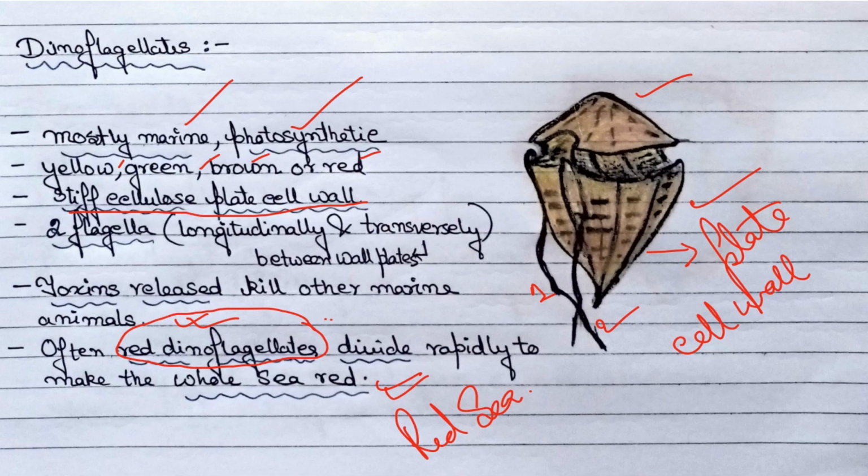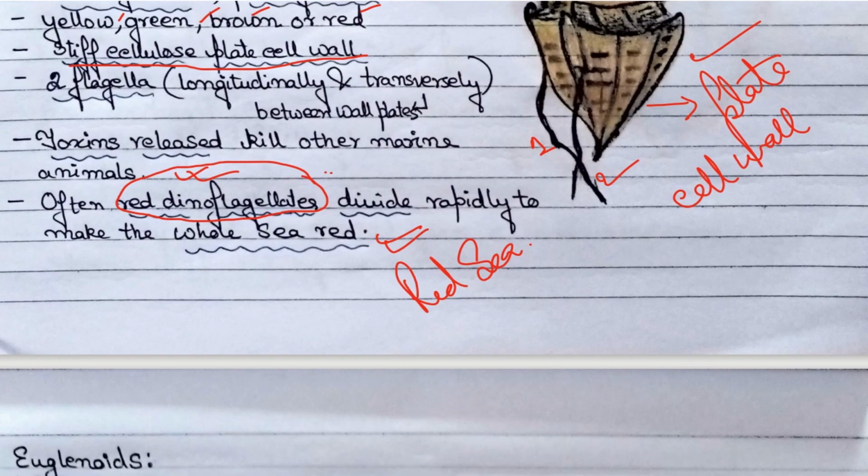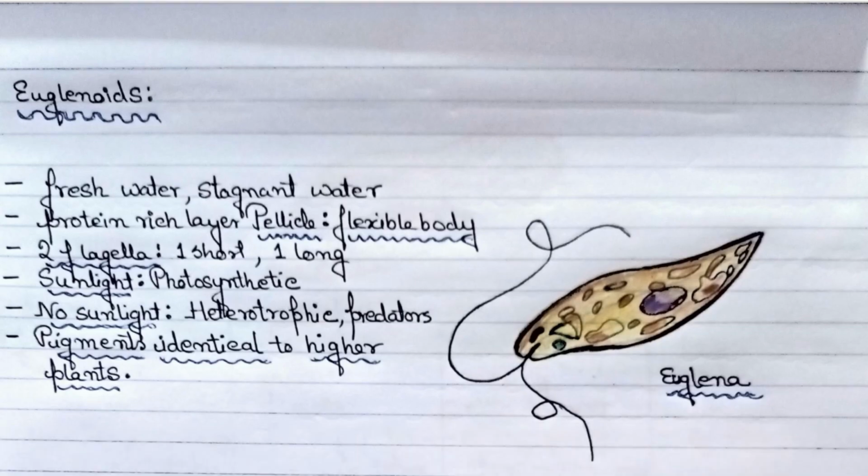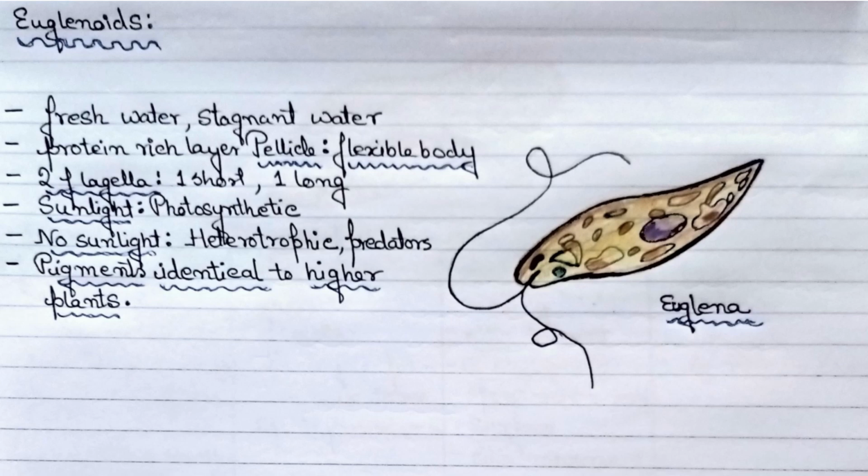So after dinoflagellates, we are going to learn about euglenoids. These are spindle shaped organisms. They are mostly present in freshwater and stagnant water, unlike the last two organisms, they are not found in marine water bodies.